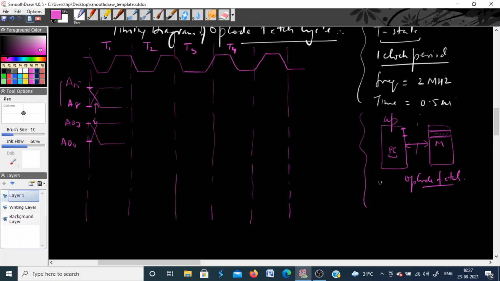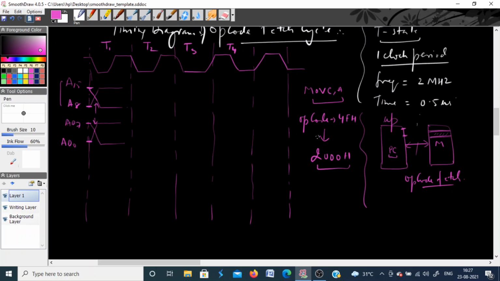Let us suppose you have some operation code, like the example we have taken. You have an instruction MOV C, A. The opcode for this is 4FH, and this opcode is stored at some memory location. Suppose it is stored at 2000H.